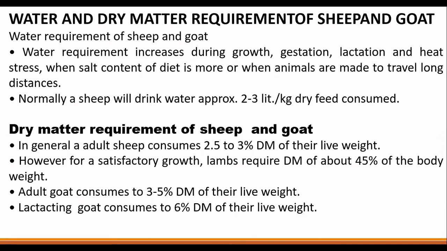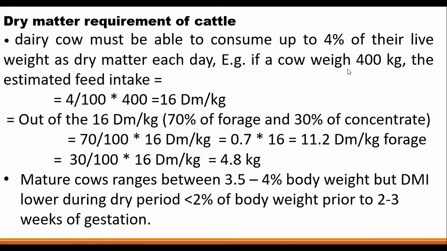Sheep consume 2.5 to 3% dry matter of their live weight. However, lambs require dry matter of 3% of their live weight. Lactating goats consume up to 6% dry matter of their live weight. Next slide.